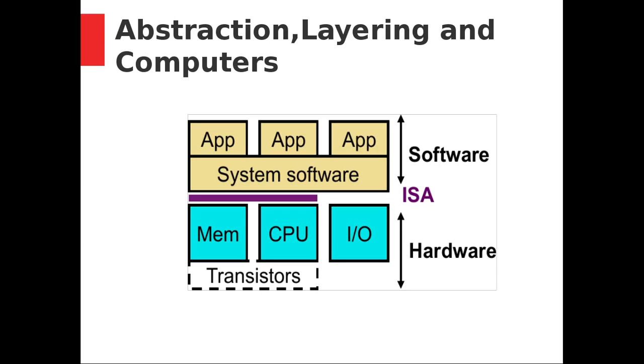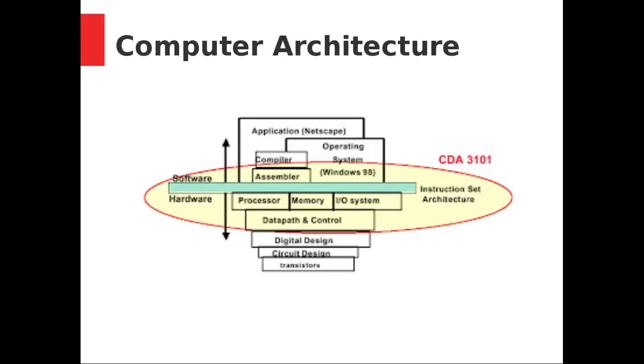So moving on, what do we have next? The thing that I talked about earlier, right? So what did I talk about earlier? This computer architecture. You have this blue line here, then you have the hardware comprising memory, processor, input output system, data path and control, and so on and so forth.